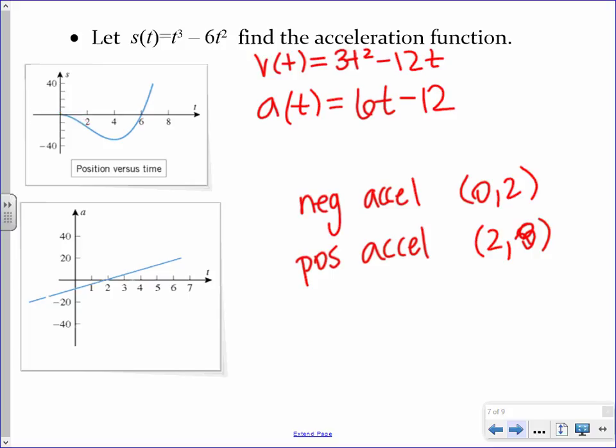From 2 to 8, we are concave up, which means our second derivative is positive. Okay, so from a position-time graph, we're going to be able to tell where our function is moving right or left, and if the acceleration is positive or negative, just from our knowledge of calculus.